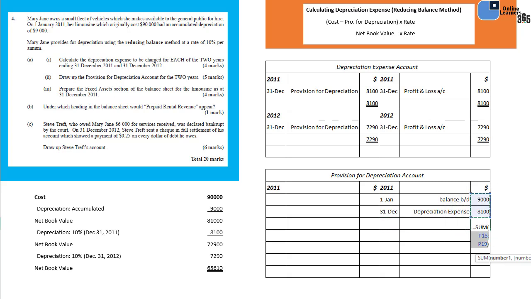That gives us a total of 17,100, which would mean on 31st December the balance carried down was a total of 17,100.